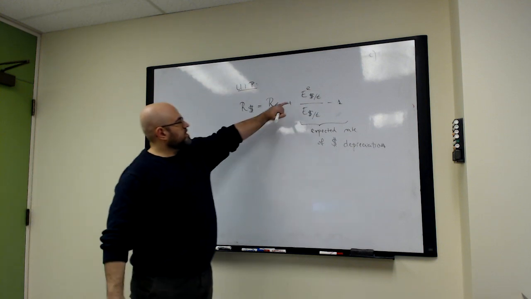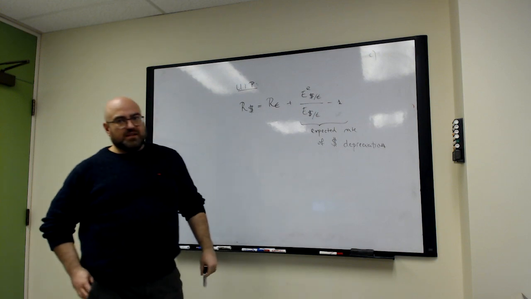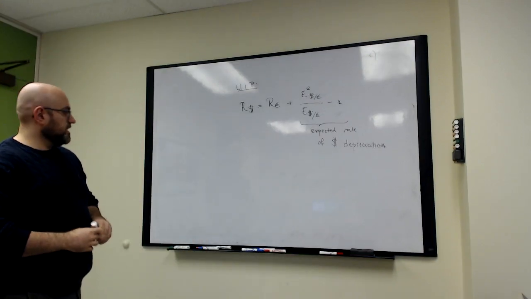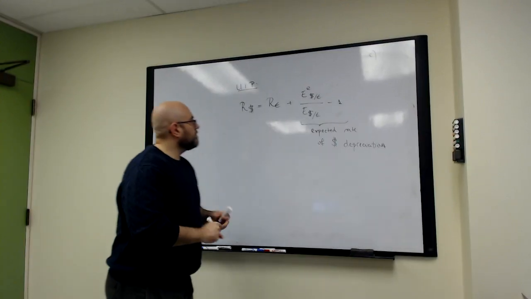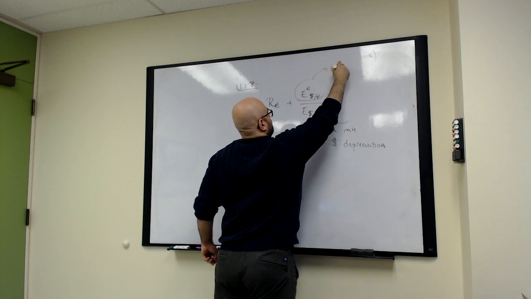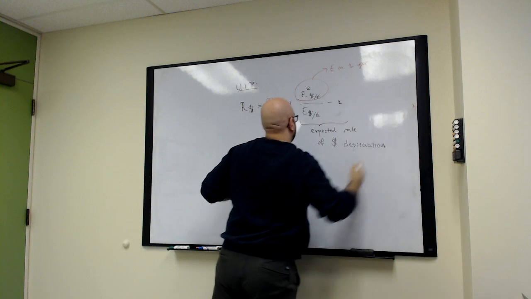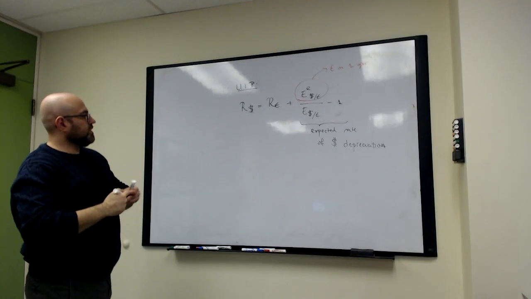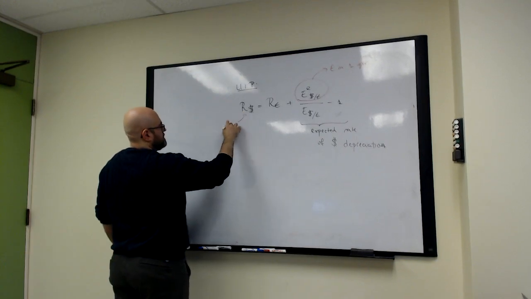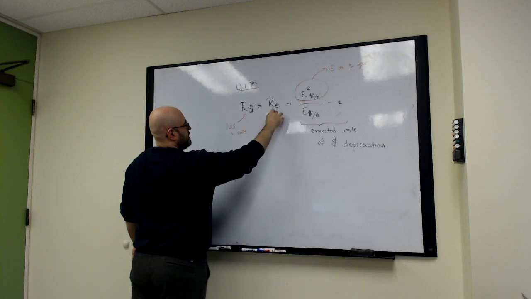The nominal exchange rate with the E in the superscript, that's our expectation for the nominal exchange rate in 1 year. Then we have the US interest rate and the interest rate in Europe.